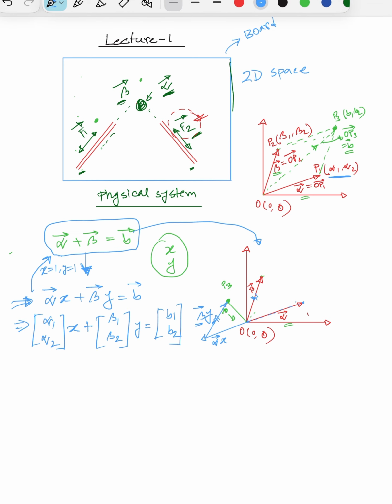So right now we have this final equation here.